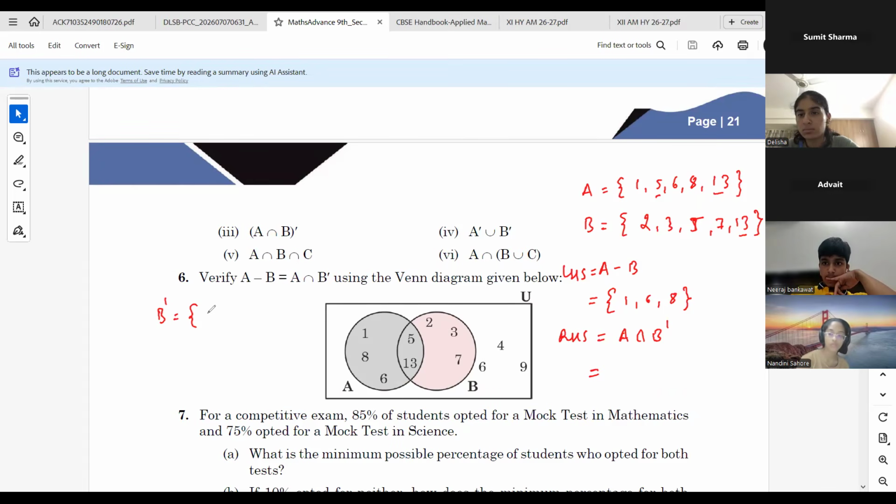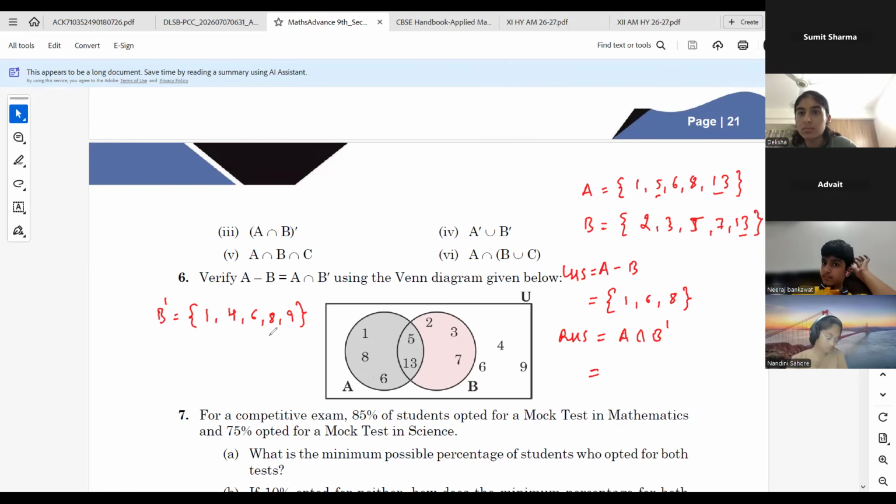Except that we have to write everything. So it will be 1, 4, 6, 8, and 9. I guess these are the elements of U which are not there in B.